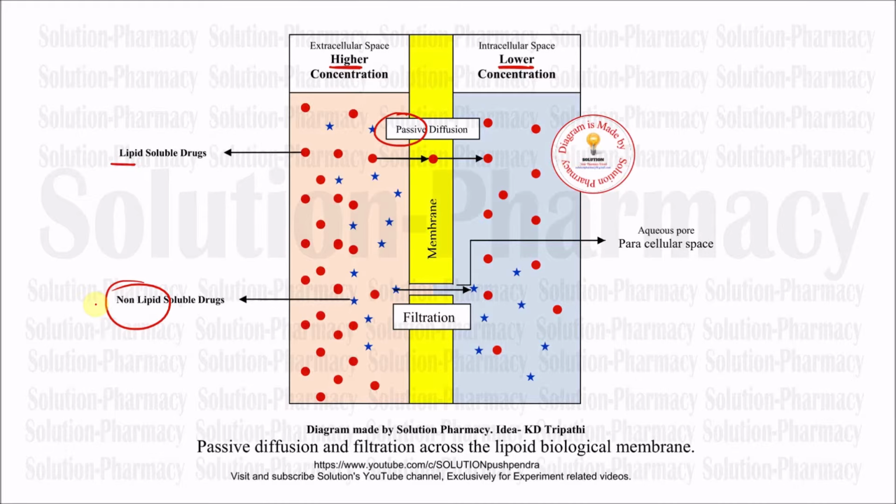So let me explain the lipid soluble drug movement across the cell membrane under passive diffusion. If these drugs, which look like red circles, are lipid soluble drugs, to move across the membrane they will solubilize themselves in the membrane. The strap of yellow color is representing the membrane. What is a membrane?